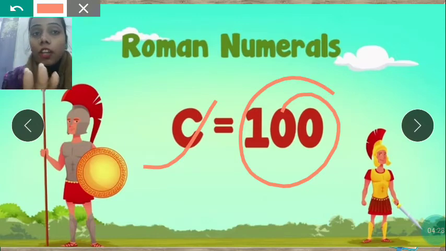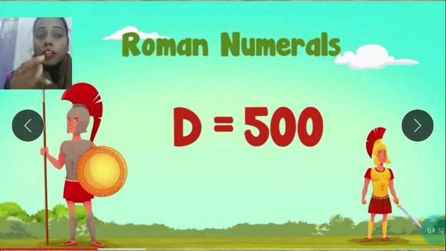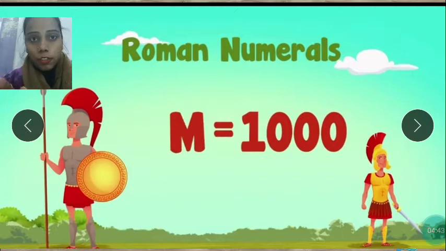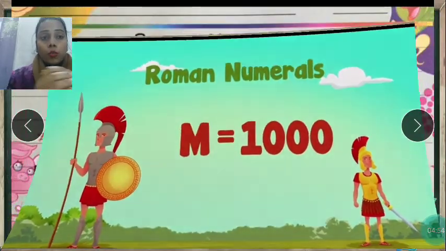The value of D is 500 and the value of M is 1000. The Romans used these letters to form their numbers.